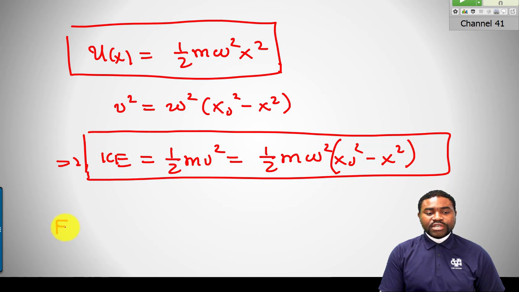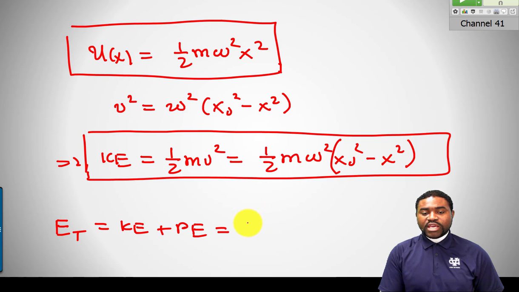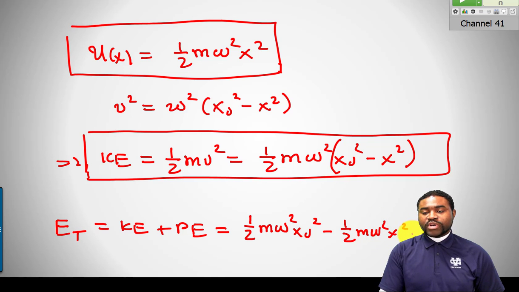The total energy, E total, is equal to KE plus PE, which will be equal to 1/2 m omega squared x naught squared minus 1/2 m omega squared x squared plus 1/2 m omega squared x squared.